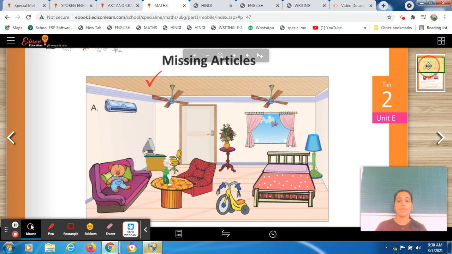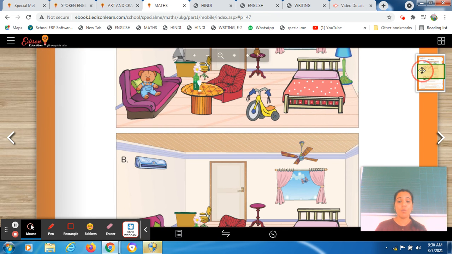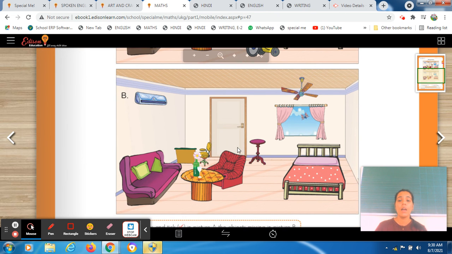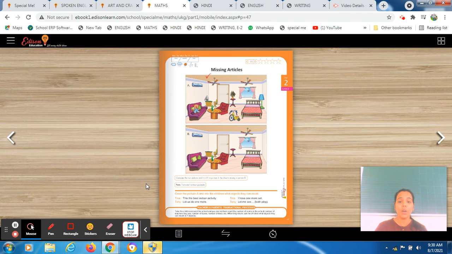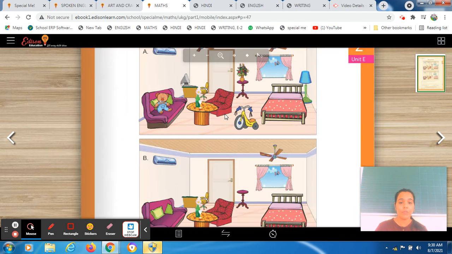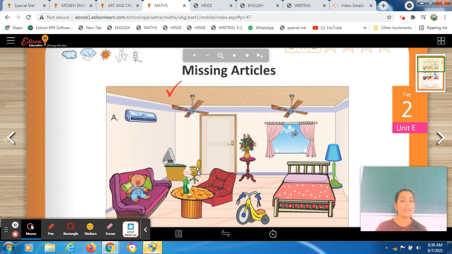Now students, let's find the missing means जो यहाँ पर नहीं है ऑब्जेक्ट्स, वो आर्टिकल्स, वो ऑब्जेक्ट्स जो इस पिक्चर में नहीं है. You have to find those articles. So let's start. Firstly, we have to look at the very first picture carefully and then we will find the missing articles which are not there in the second picture.